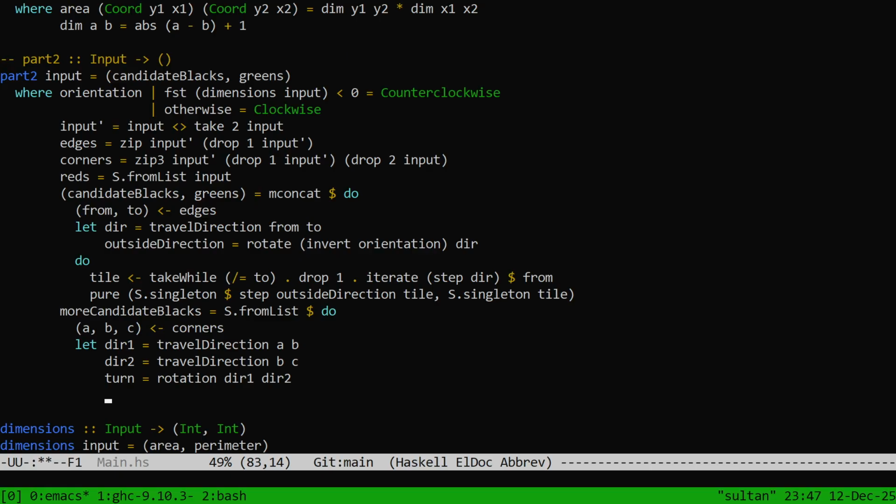And if that turn... I guess, as I've said in previous videos, you don't use if very often in Haskell. There's usually a better pattern match or guard clause version. But I think we just want an if here.